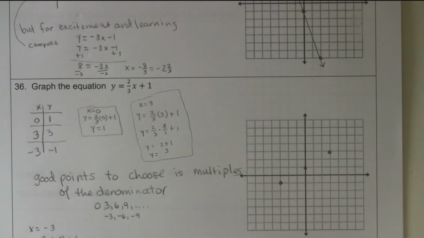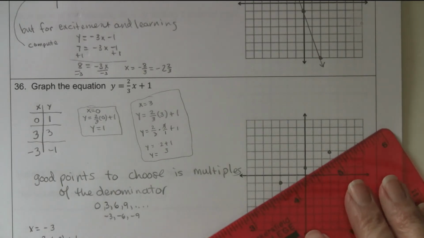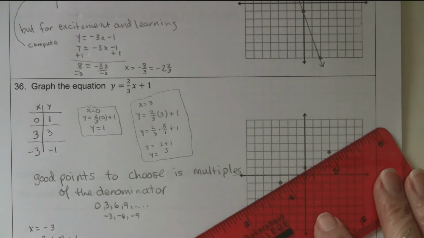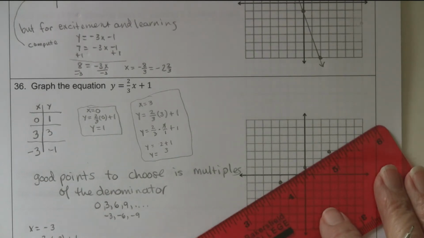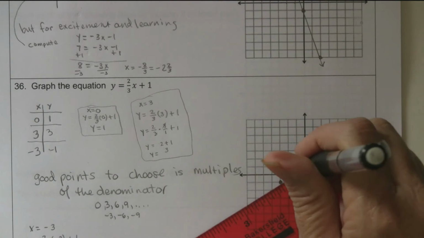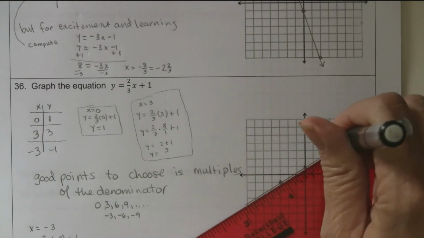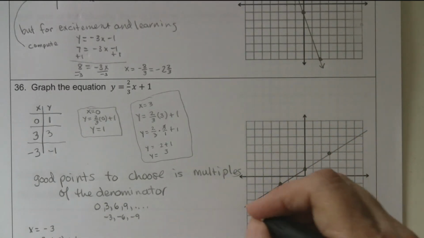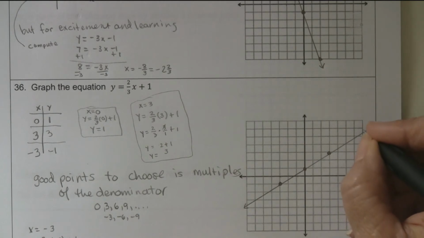And do they look like they're on the same straight line? If they don't look like they're on the same straight line, the first thing I check is how I plotted the points, because I make more errors doing that than I do on my arithmetic. But you can check whatever you think would be good first.